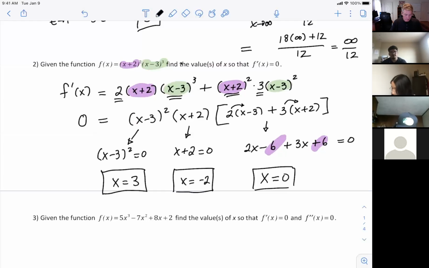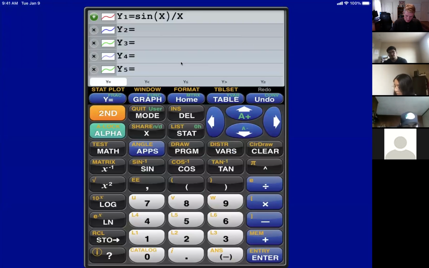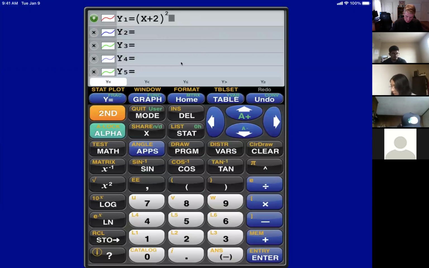And then I'm going to graph it and see if these answers look correct. So when you graph, always graph the original function, not the derivative. So graph the original function, which was parentheses x plus 2, that gets squared, and x minus 3, that was raised to the third.